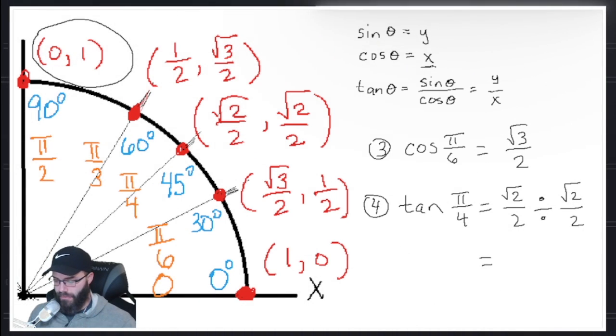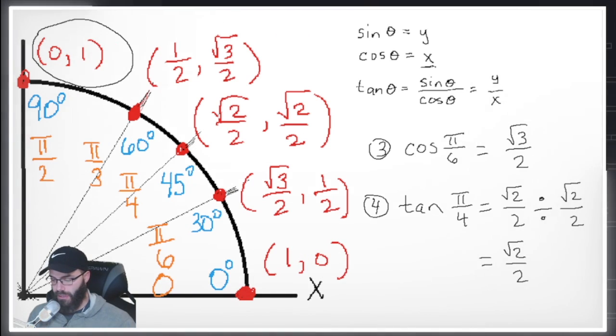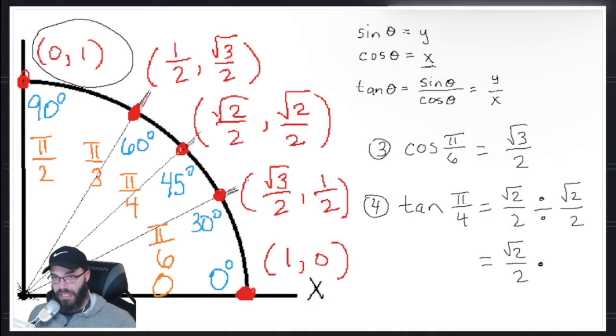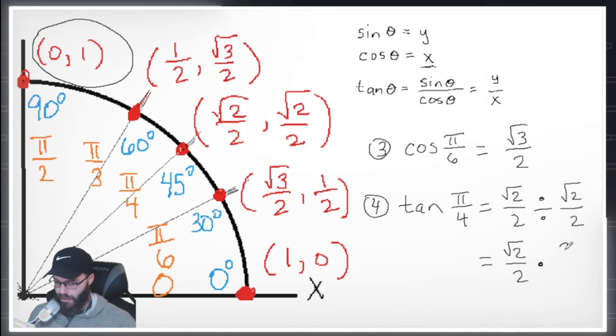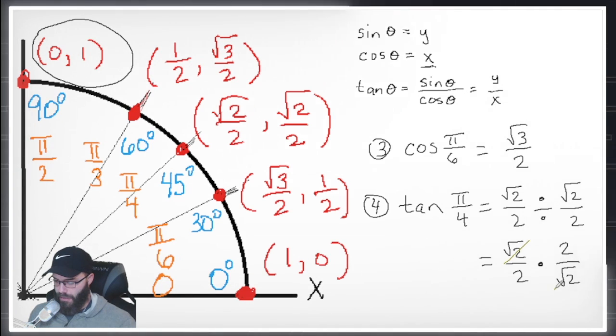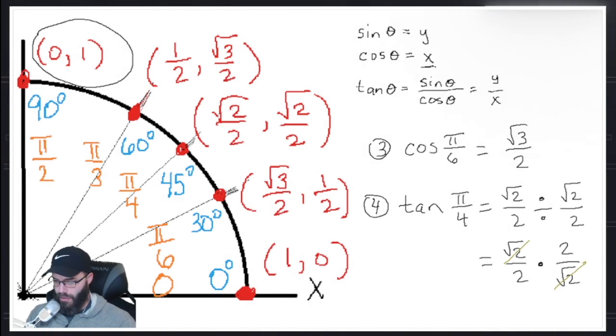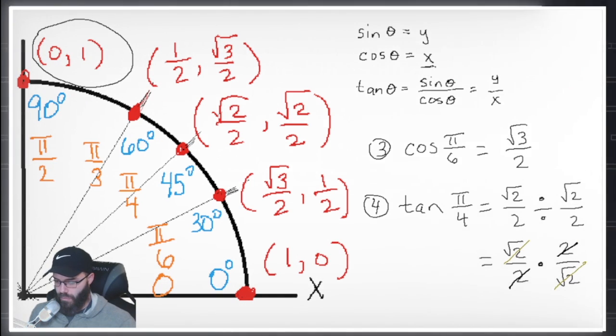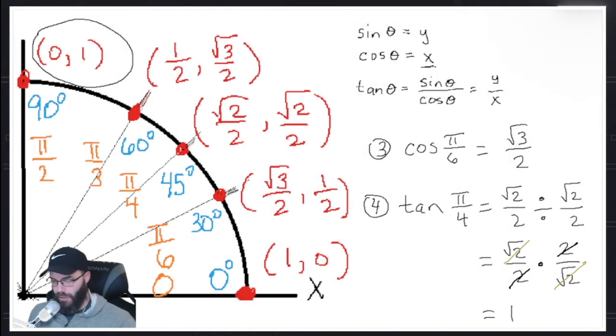So copy the first one, root 2 over 2, change the division to multiplication, and then flip or use the reciprocal of the second fraction. And then you'll notice things reduce. Root 2 at the top, root 2 at the bottom, 2 at the top, 2 at the bottom. Everything reduces down to 1. And so tangent pi over 4 is equal to 1.